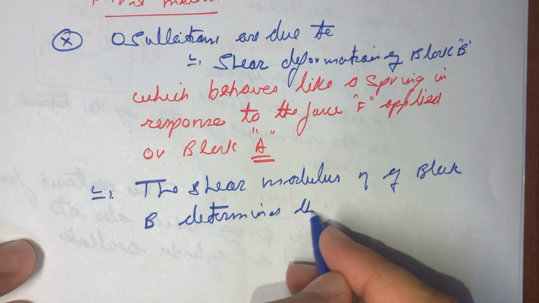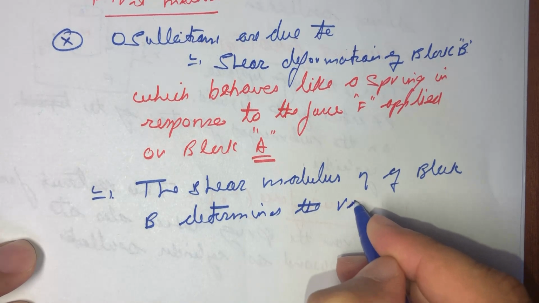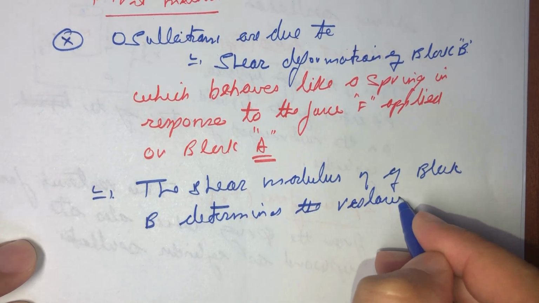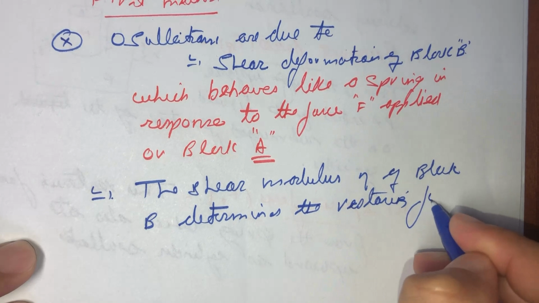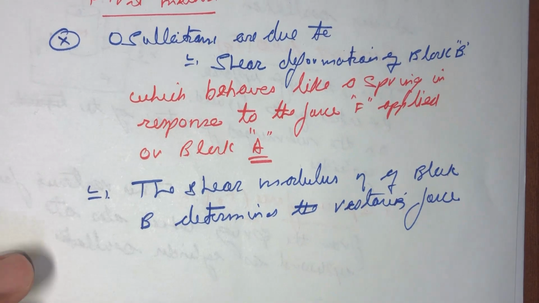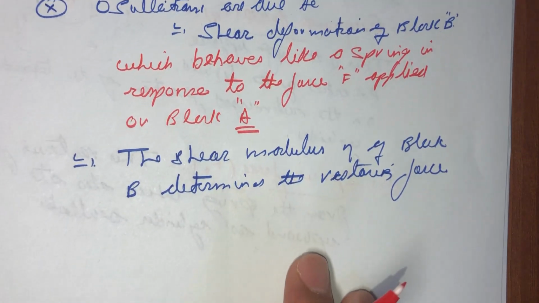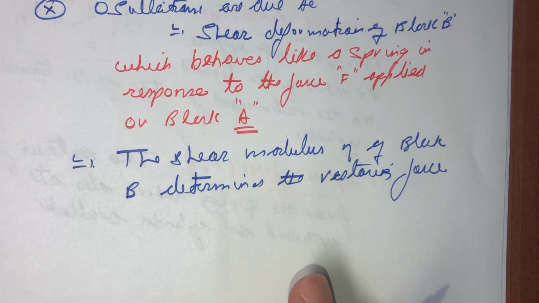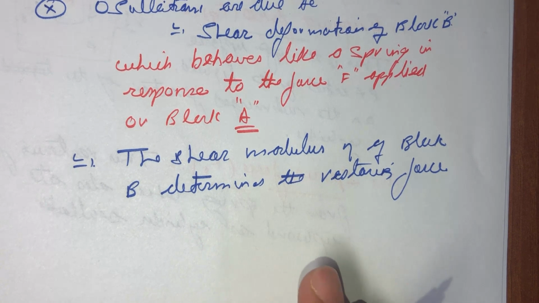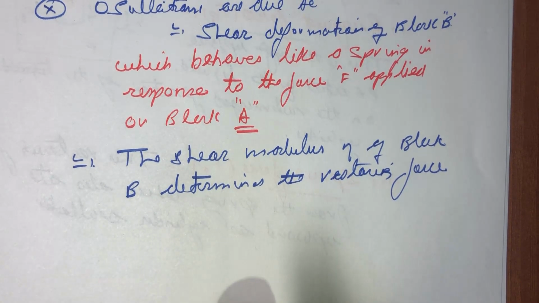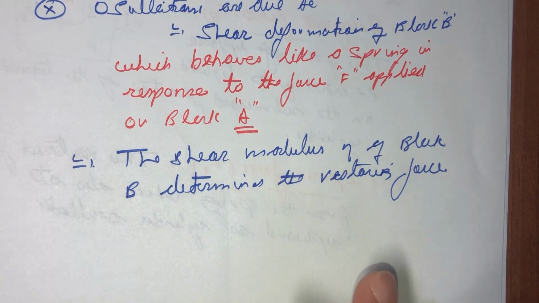And once the applied force on block A is withdrawn, due to the restoring force caused by the elastic deformation of block B, there will be some kind of oscillation.